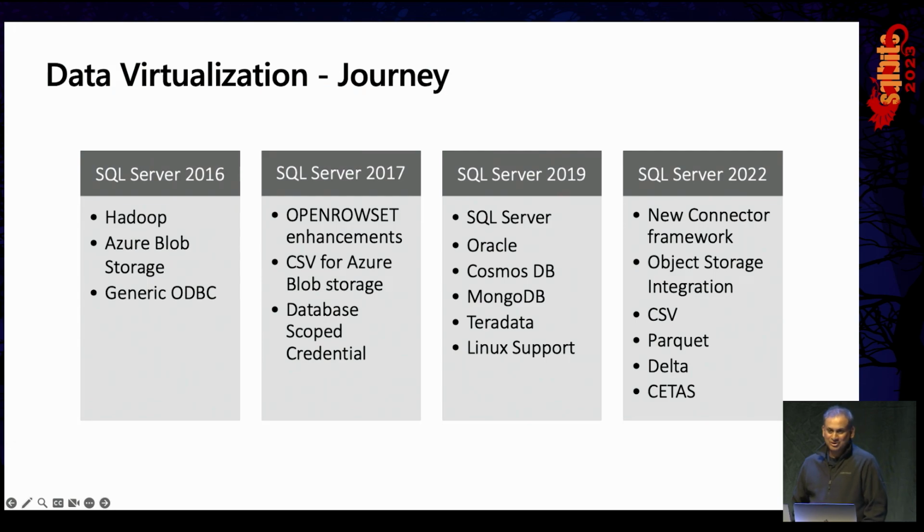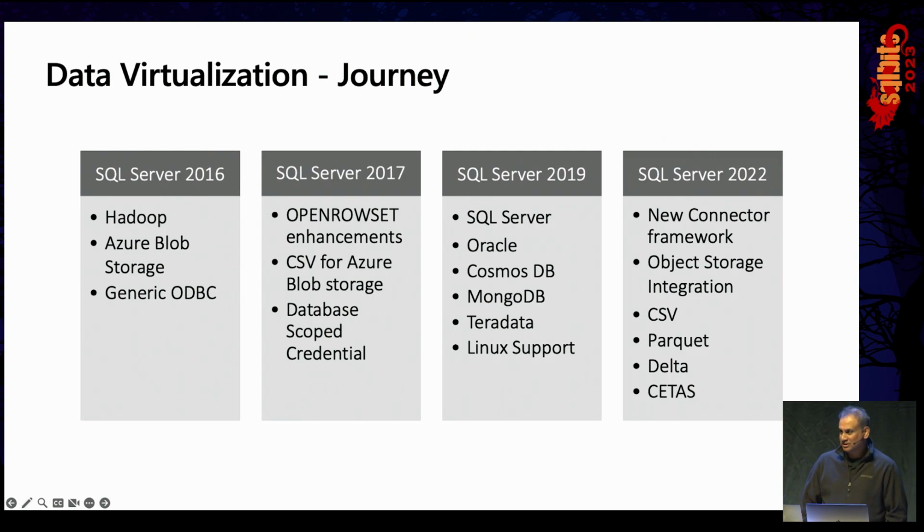So our journey actually started 3 releases ago in SQL Server 2016. How many of you have heard of Polybase, right? So that's where it started. And we introduced the Hadoop connector, as well as querying data stored in Azure Blob Storage, as well as other generic ODBC sources.